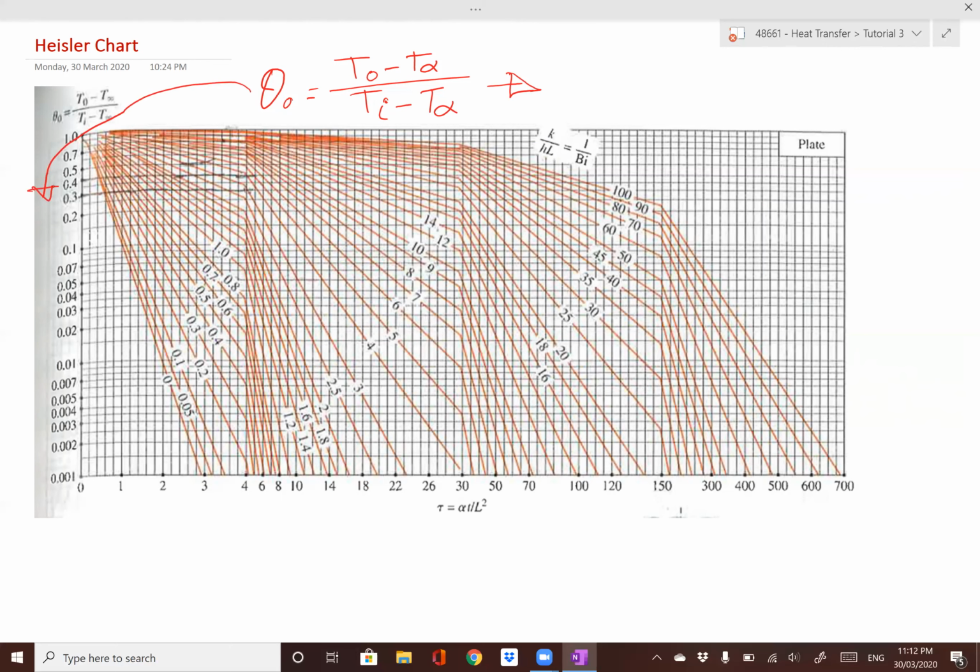It is called the dimensionless center line temperature.